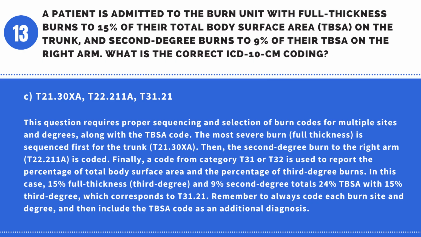Finally, a code from category T31 or T32 is used to report the percentage of total body surface area and the percentage of third-degree burns. In this case, 15% full thickness, third degree, and 9% second degree totals 24% TBSA with 15% third degree, which corresponds to T31.21. Remember to always code each burn site and degree, and then include the TBSA code as an additional diagnosis.